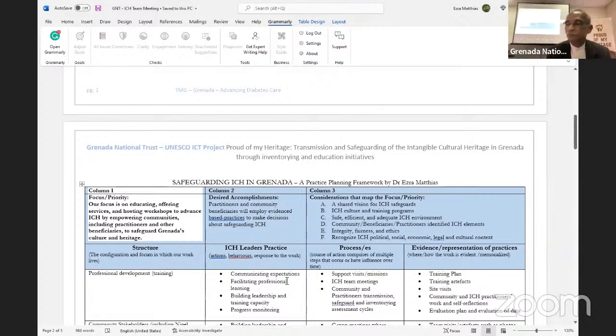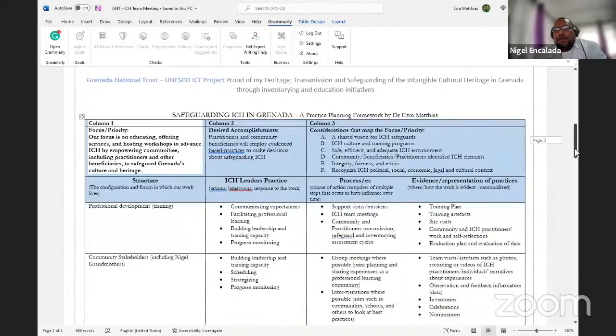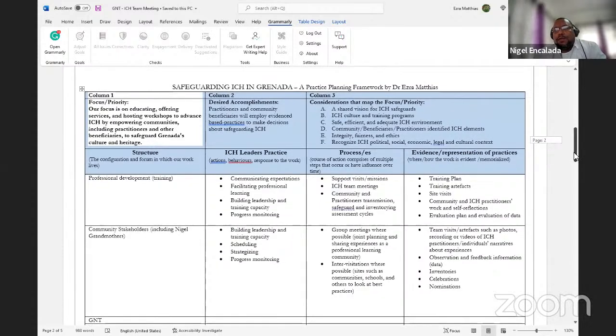Wow. Nigel? Over to you. All right. So we have here a framework that is proposed based on the experience of the week. I want to congratulate Ezra for being able to conceptualize this, because this isn't an easy thing to do.